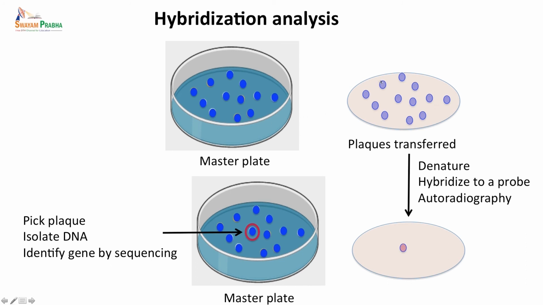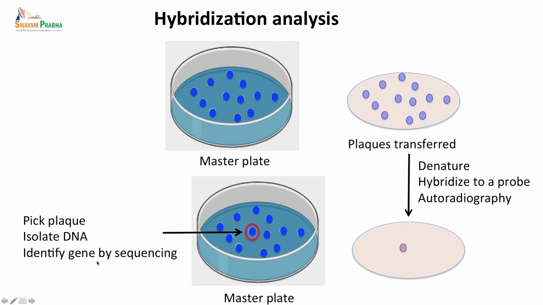And also you make a replica on the nitrocellulose. Now instead of plaques, these will represent the E. coli colonies. And so you lyse the bacteria, denature, hybridize to a probe in a similar way that you've done before. And instead of picking a plaque, now you align and pick up the E. coli colony from one of the replica plates that you've created from the master plate. Isolate the plasmid DNA and sequence.